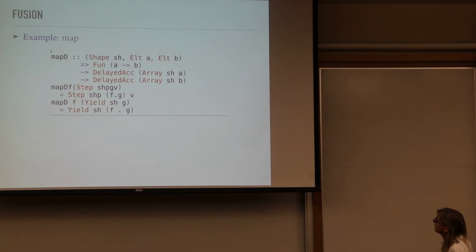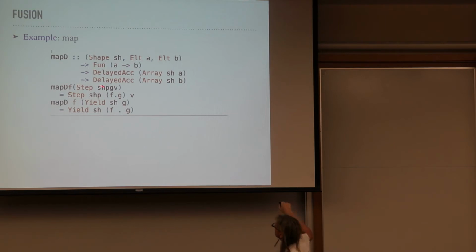if the delayed array has a shape, basically a step implementation, that should be, sorry, there should be spaces here. I don't know what I did.